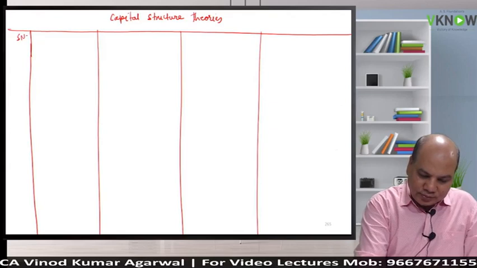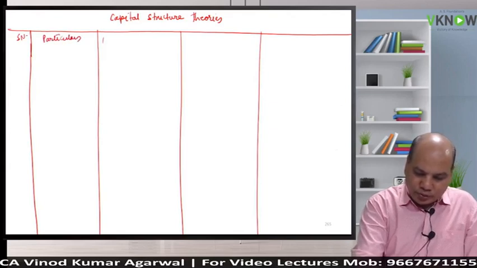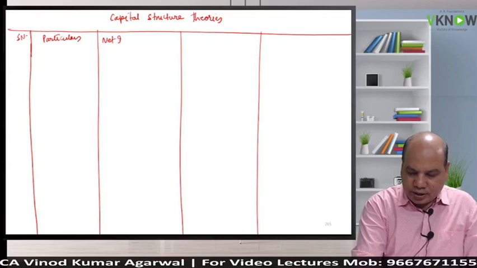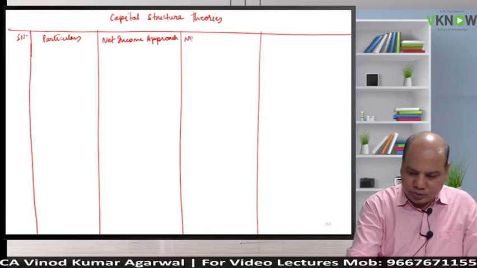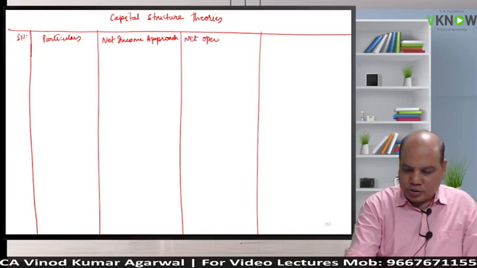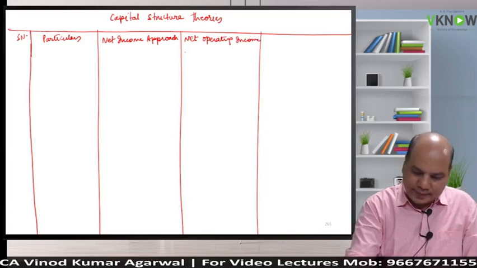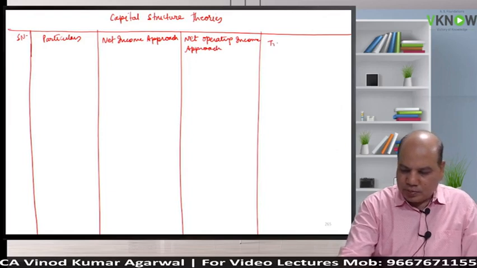Serial number, particulars, right? Net income approach, net operating income approach, traditional approach.